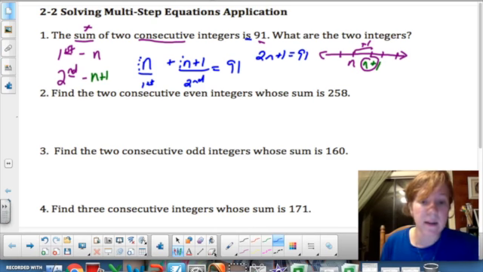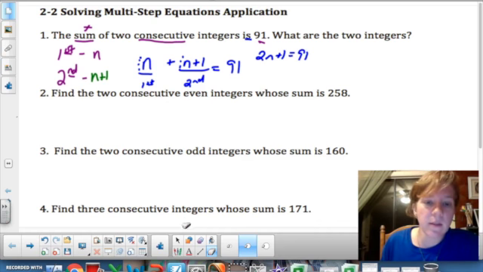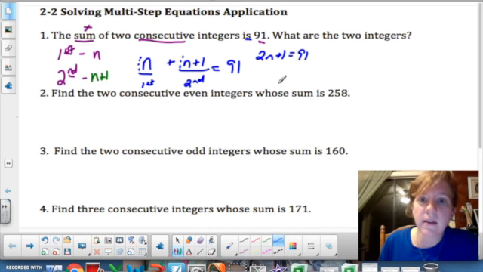I'm going to erase my number line real quick to give myself some more room. So 2n plus 1 equals 91. I'm going to start by subtracting that 1 from both sides of my equation, which leaves me with 2n equals 90.